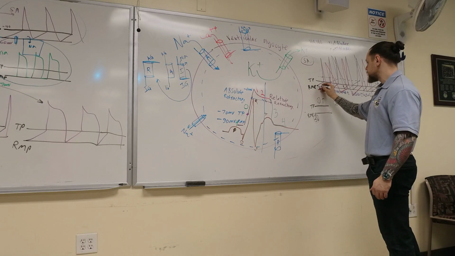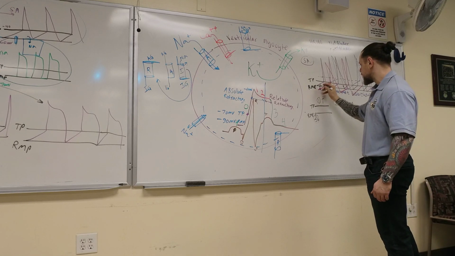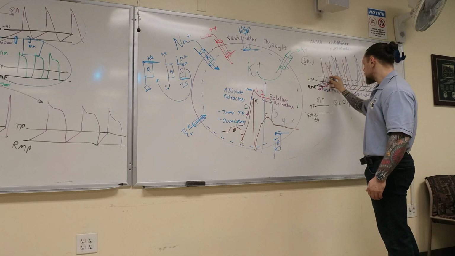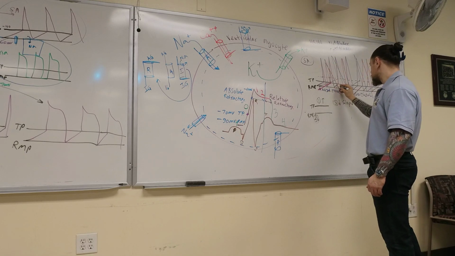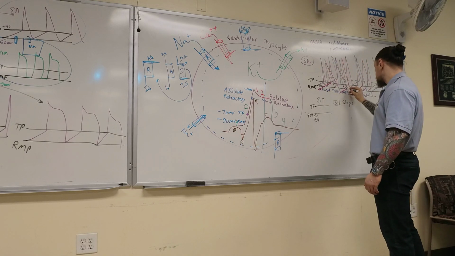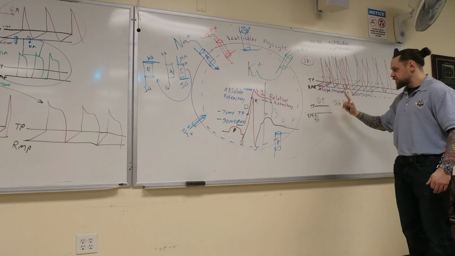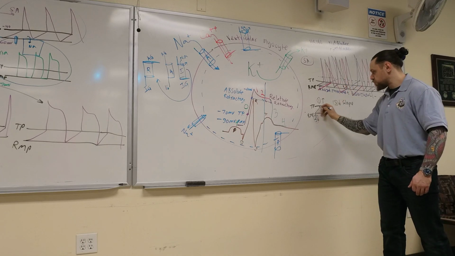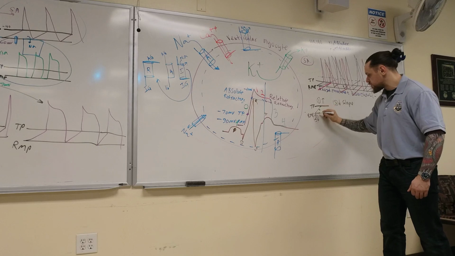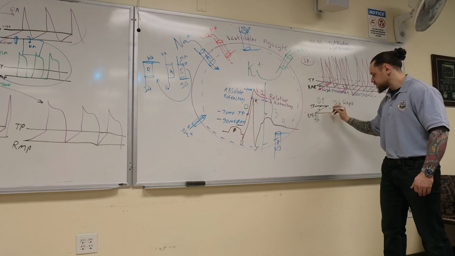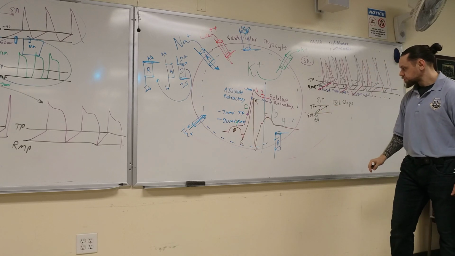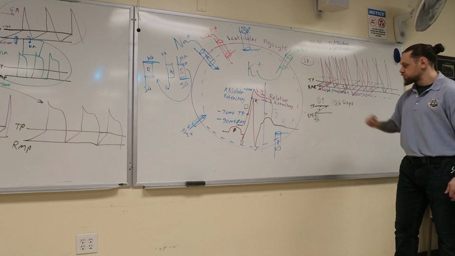That's the only thing they do. Instead of having a slope like this, a beta blocker will make a slope like that. Beta blockers reduce the slope.